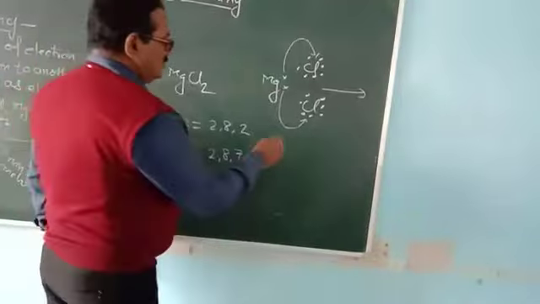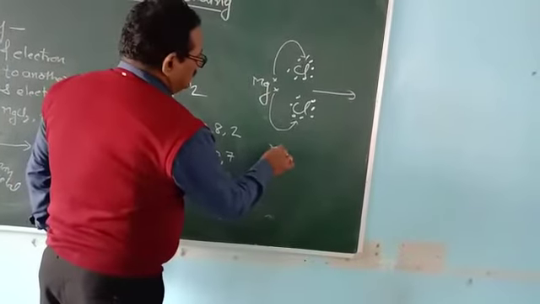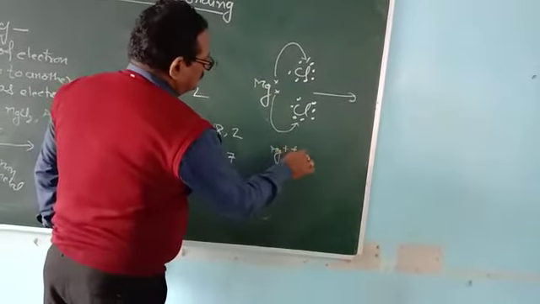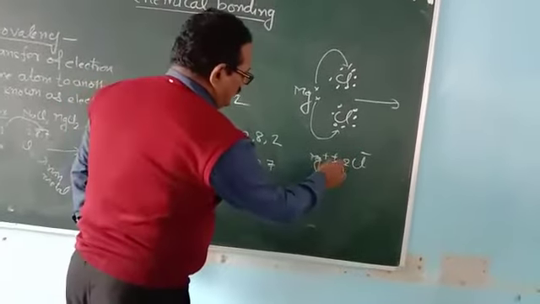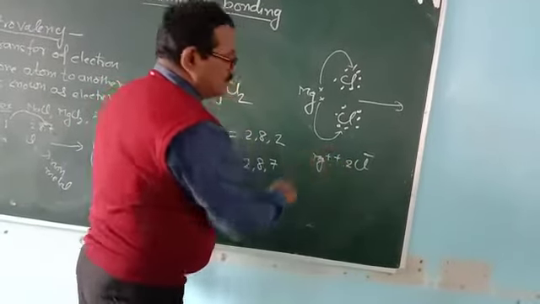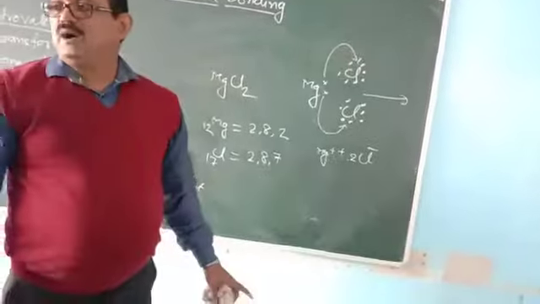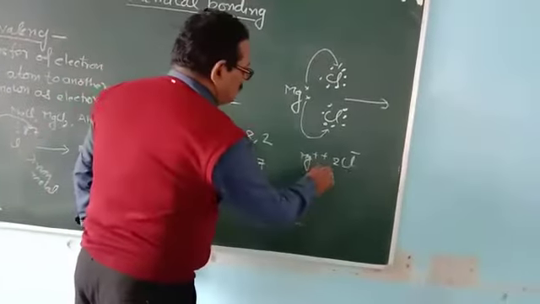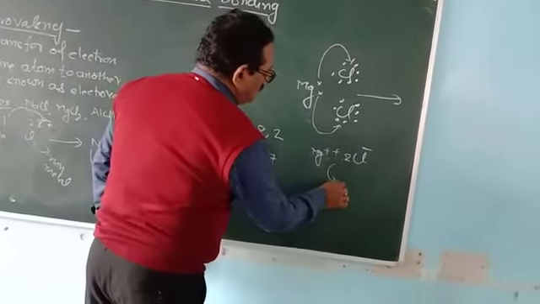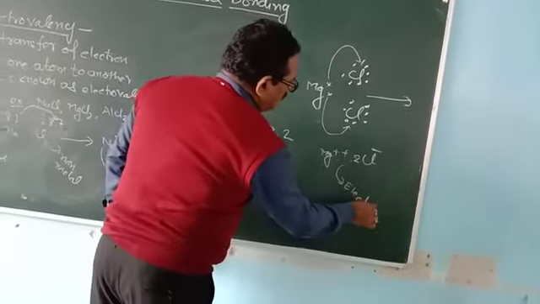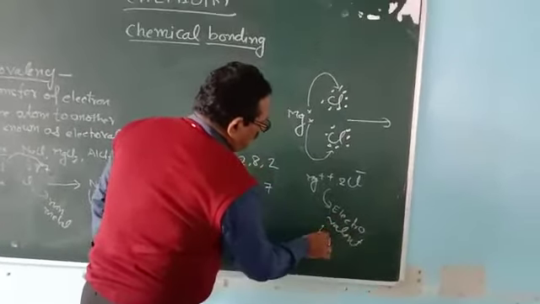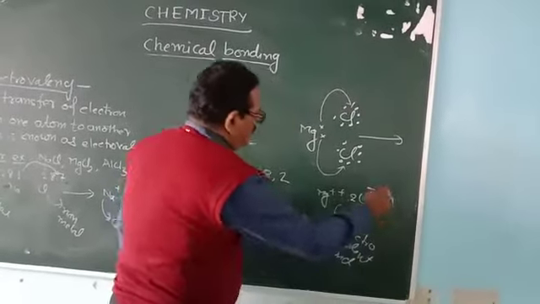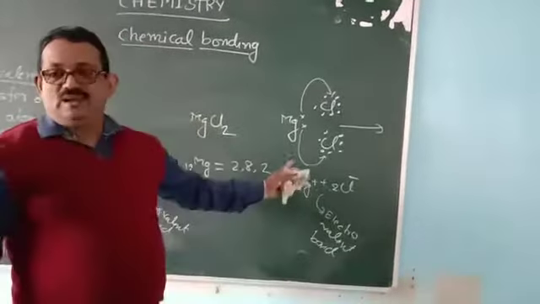Then you can write Mg2+ and 2Cl-. The bond between the magnesium and chloride ions is known as the electrovalent bond. This is the electrovalent bond here, and the valency will be electrovalency.